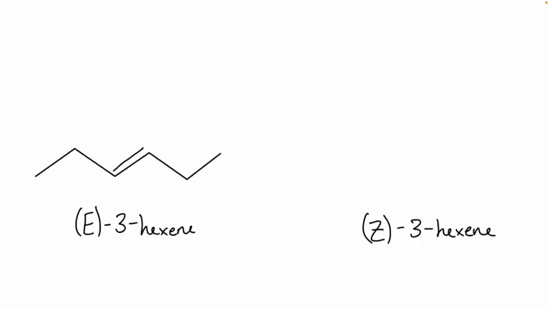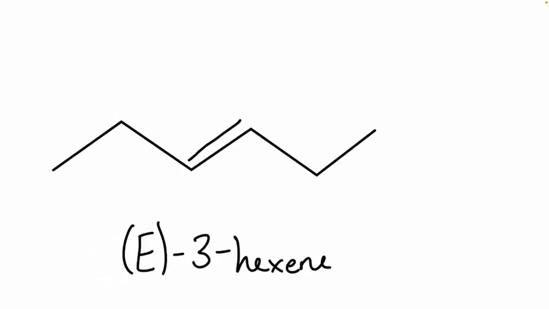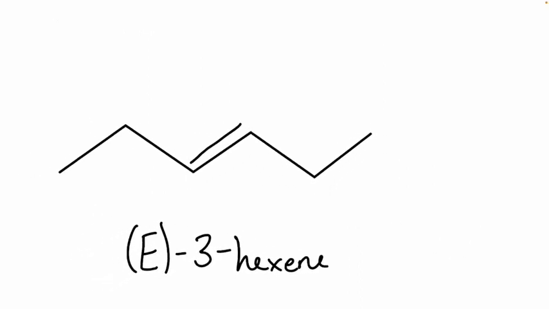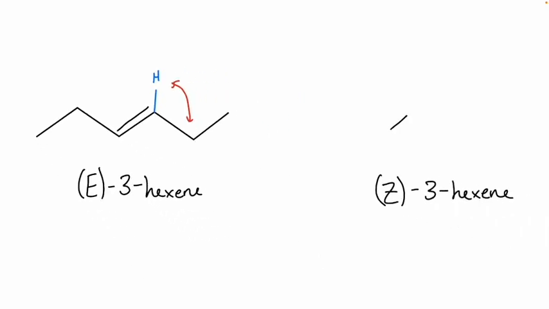All right, so how am I going to get the other stereoisomer? If I look at my E stereoisomer here, this carbon had that ethyl group, but then also that implied hydrogen. So if I want to get my other stereoisomer, I have to swap these two groups. So I'm going to start it out the same.